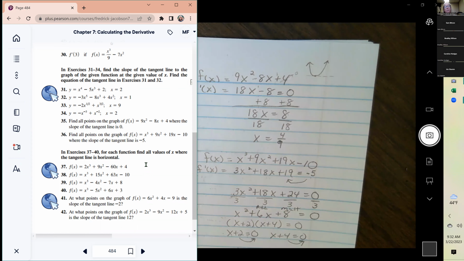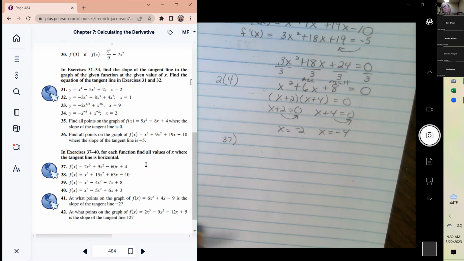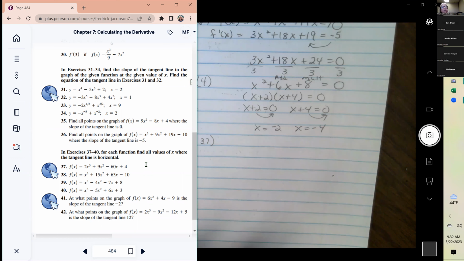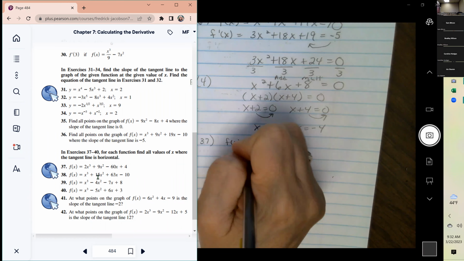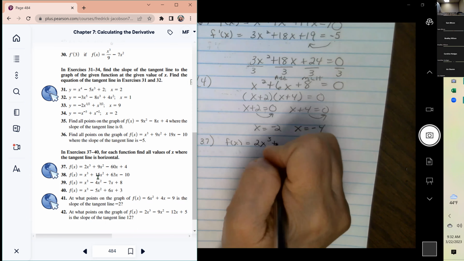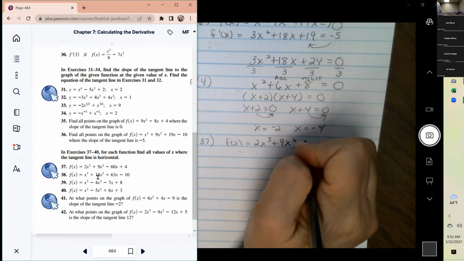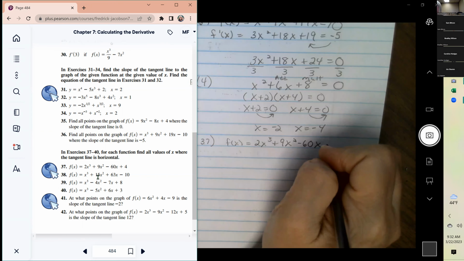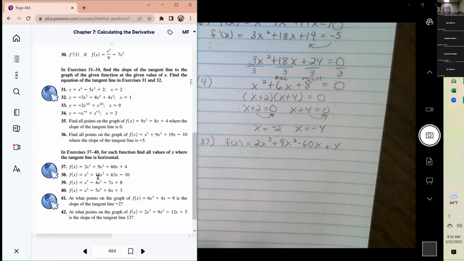If you want to find where the tangent line is horizontal, you take the derivative and set it equal to 0. So take your derivative, set it equal to 0, and solve.